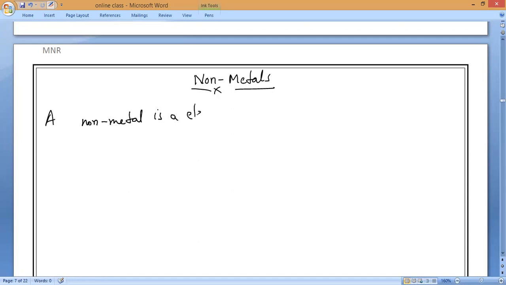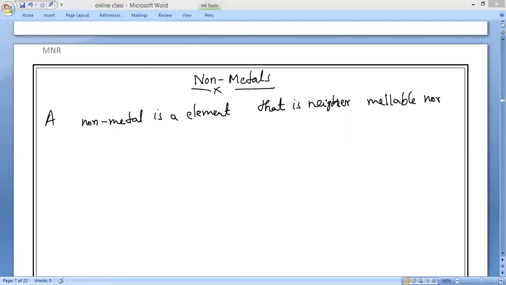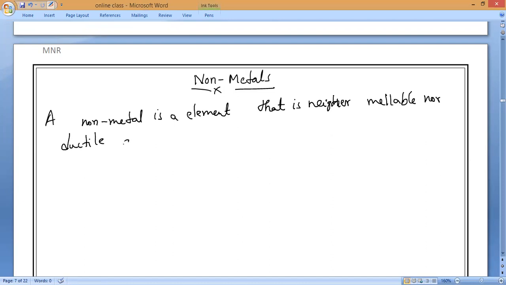A non-metal is an element that is neither malleable nor ductile, and does not conduct electricity. Understand?